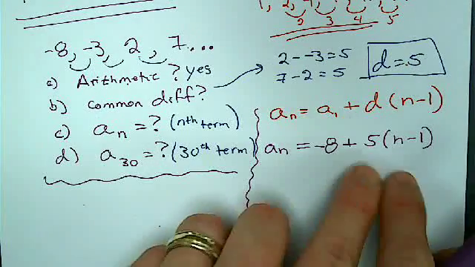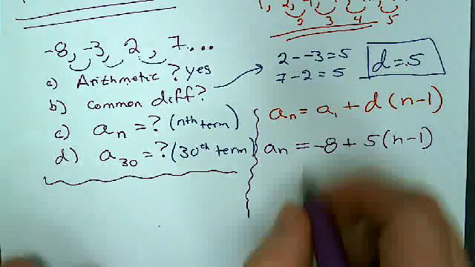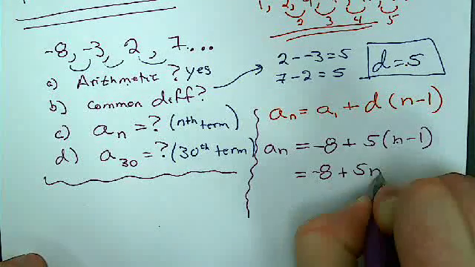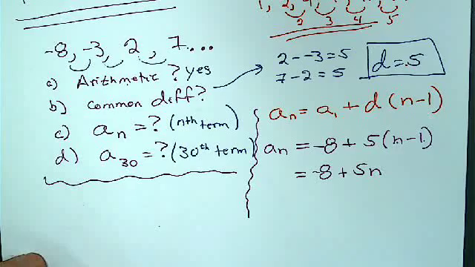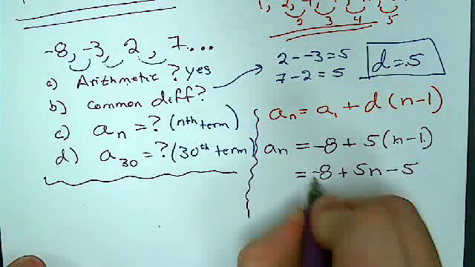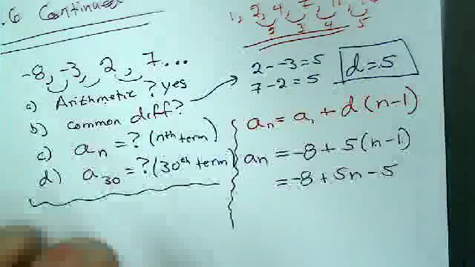I can distribute, right? All right, so -8 plus 5 times n. Then what's 5 times -1? -5. Let's combine like terms.